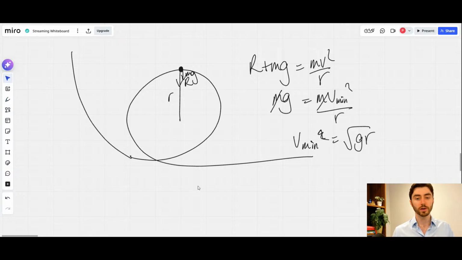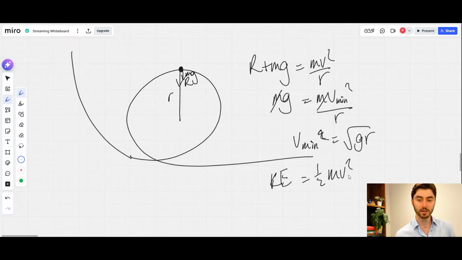This exact thing works, and by the way, you could take this one step further and say if that is the speed it has to have here, you can work out the kinetic energy there. So the kinetic energy at that point would be equal to a half mv squared, where v squared would be gr, so it would be a half mgr.